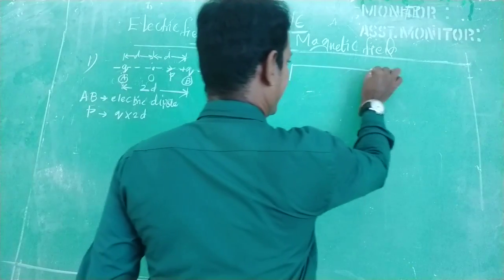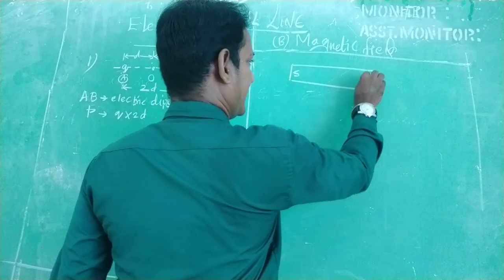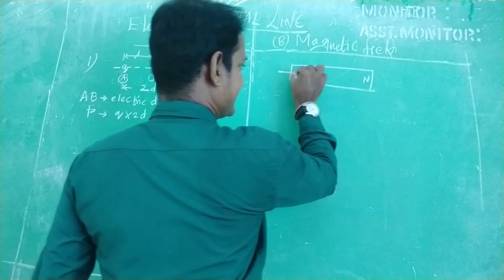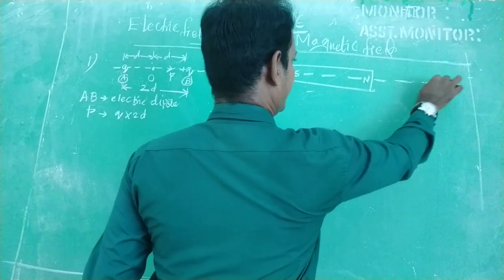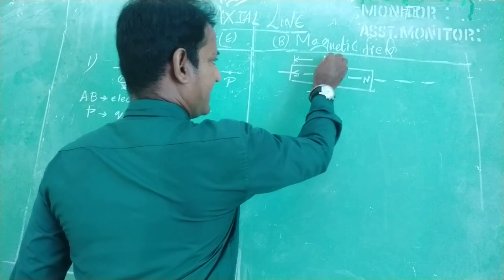Here I am going to take a bar magnet with south pole and north pole. This is the axial line of the bar magnet. The length of the bar magnet is 2L.